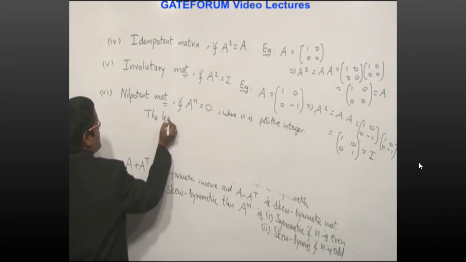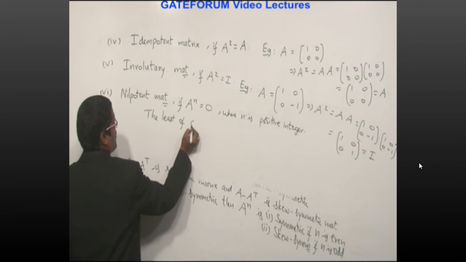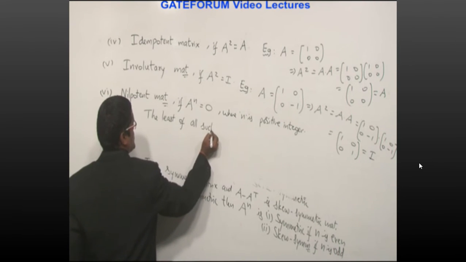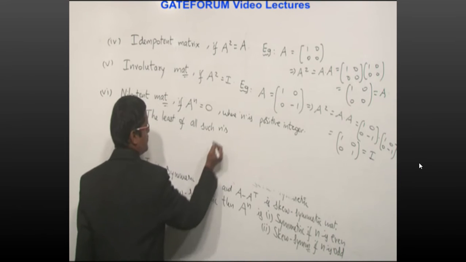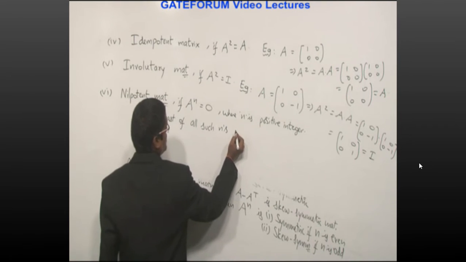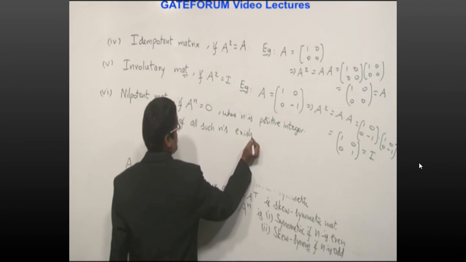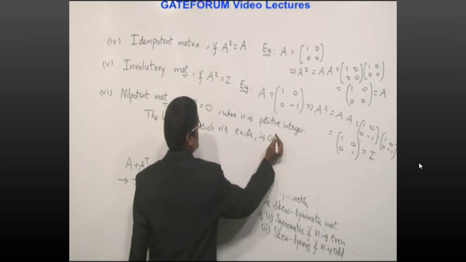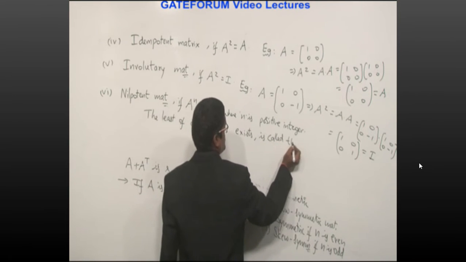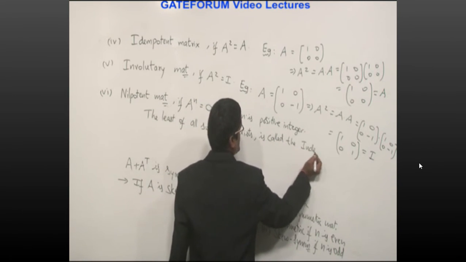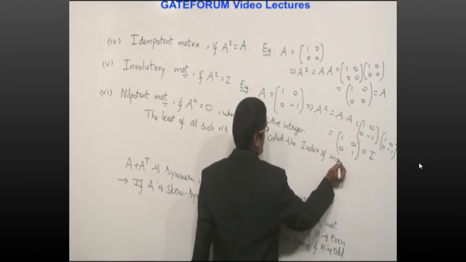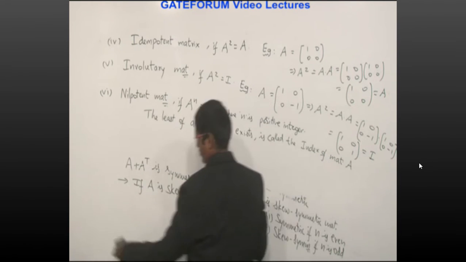The least of all such n's that exist is called the index of matrix A.